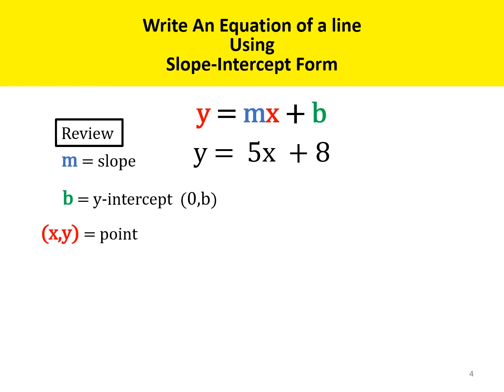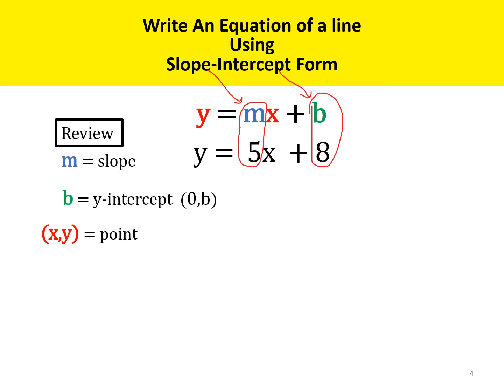We have 2 numbers, 5 and 8. 5 is m, which is the slope. 8 is b, which is the y-intercept. Now take a look at the form. We have slope and we have intercept.